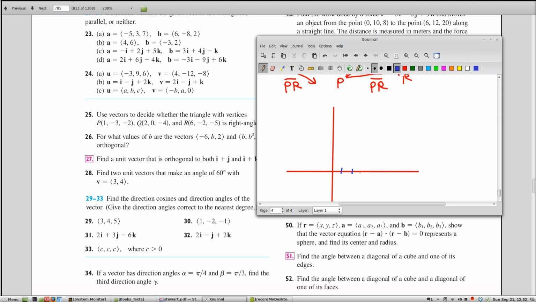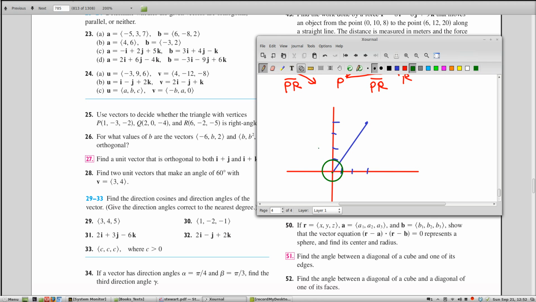So 1, 2, 3, and 1, 2, 3, 4, and here is V. They want us to find 2 unit vectors that make a 60-degree angle with that vector. So let's put the unit circle here. It's going to be really small, actually.